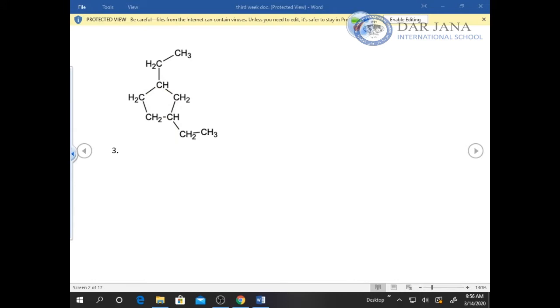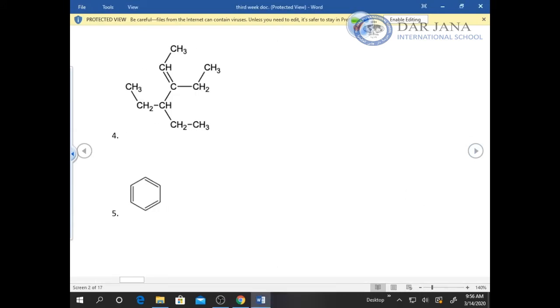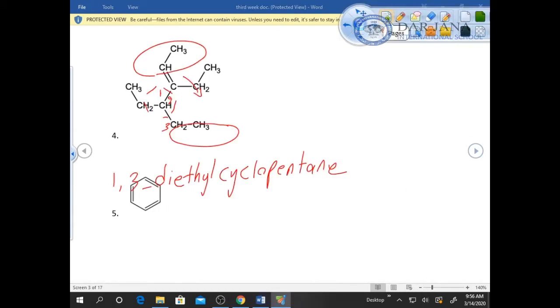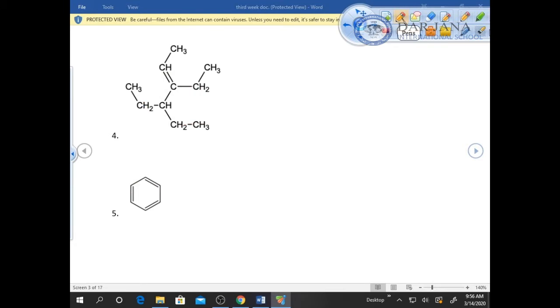Moving to molecule number 4. Here we have an alkene molecule. I'll start numbering from the end nearest the double bond. So 1, 2, 3, 4, 5, and 6. So we have an ethyl group on carbon number 3 and another ethyl group on carbon number 4.